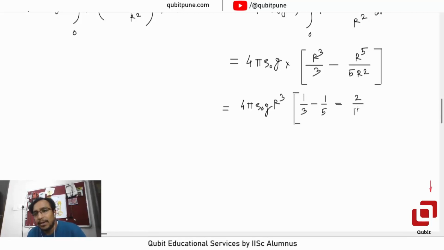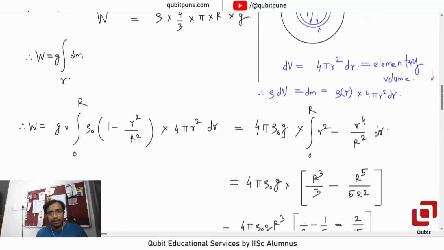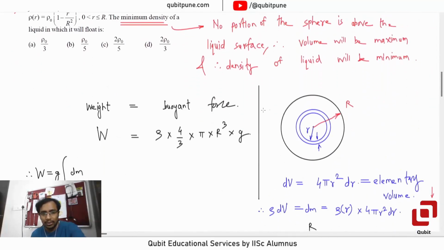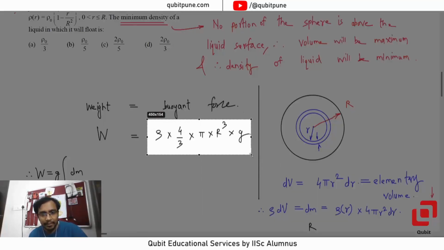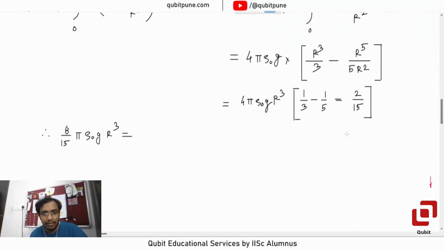That will be 2 by 15. So 8 by 15 pi rho naught g R cubed. That should be equated to this part, right?